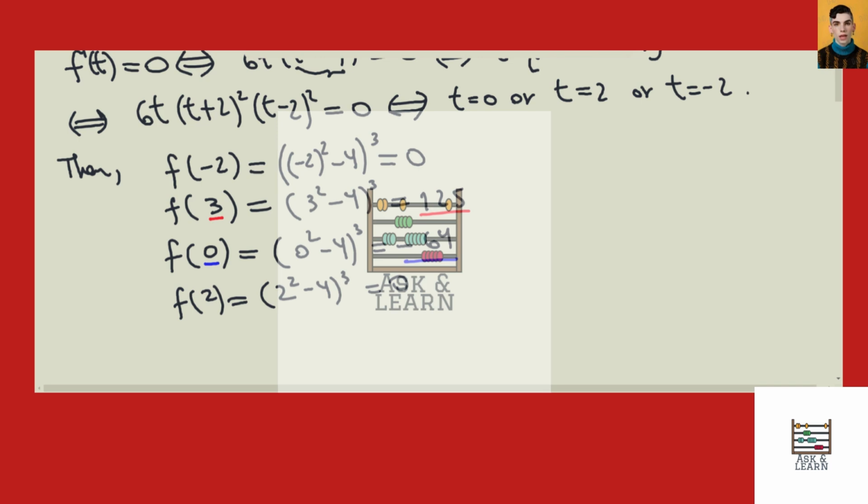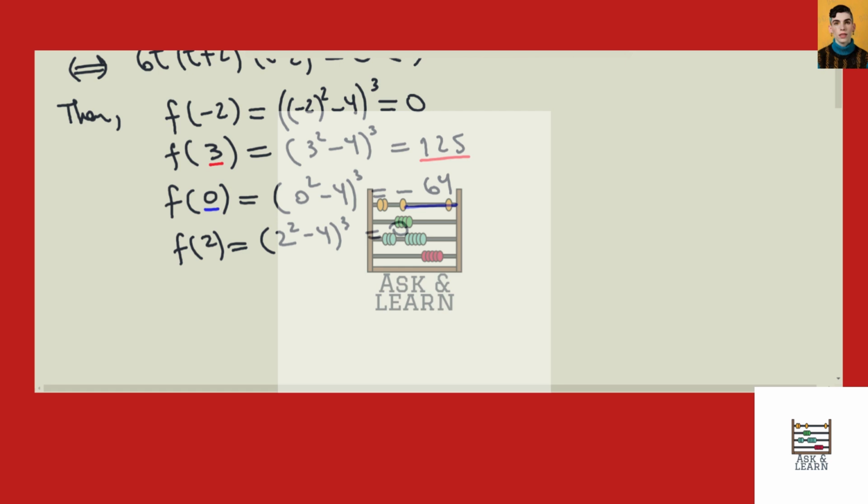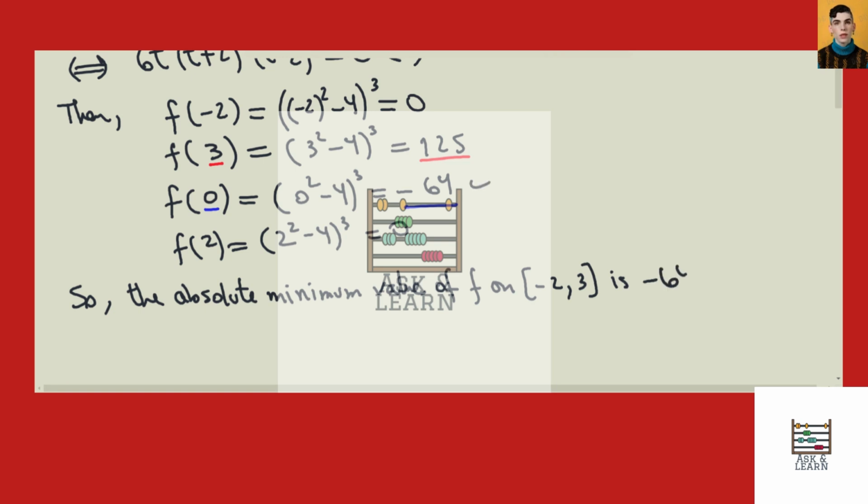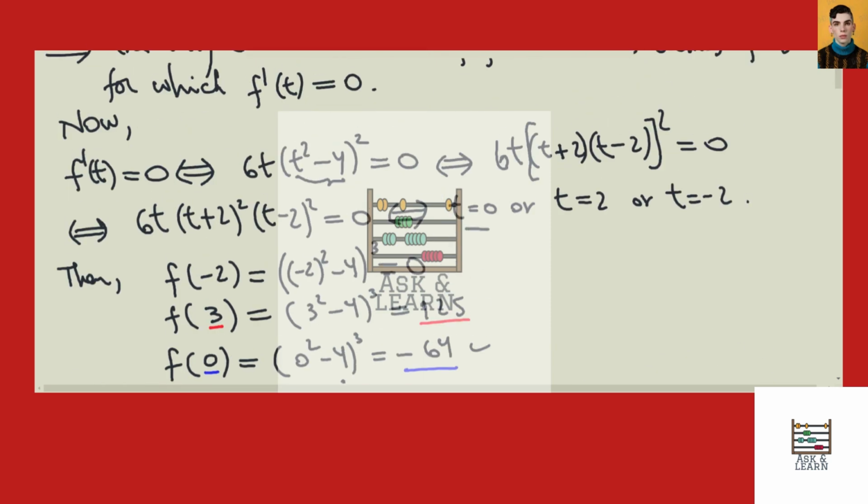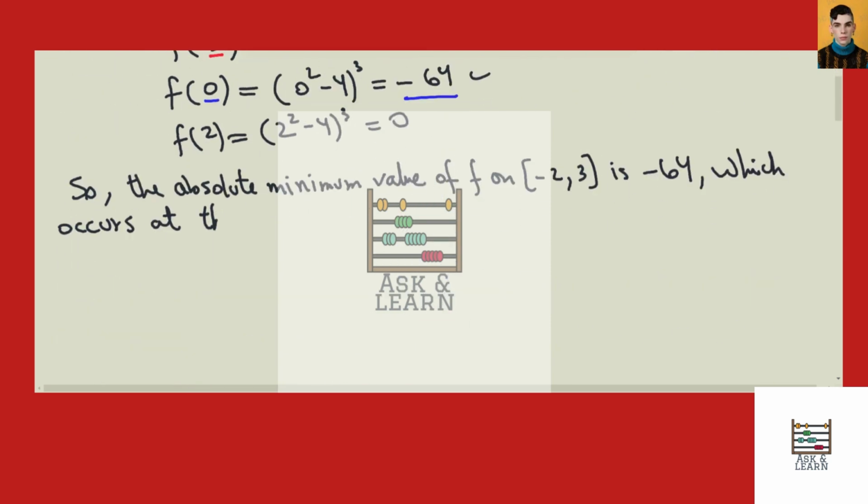So we can say that the absolute minimum value of f on the interval [-2, 3] is negative 64, which occurs at 0, which is, as we saw here, a critical number of f.